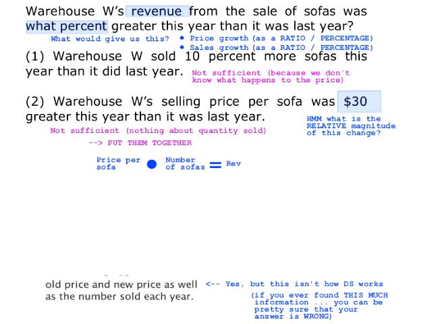If it is clear enough that they're not sufficient, then you don't really need to make the second chart. Otherwise, go ahead and make the second chart. So here, we can just make this one chart for the 2 statements together. So this is going to be last year and this year.